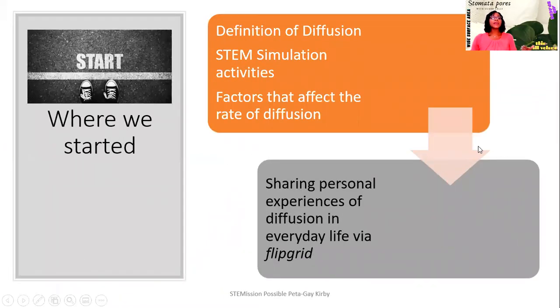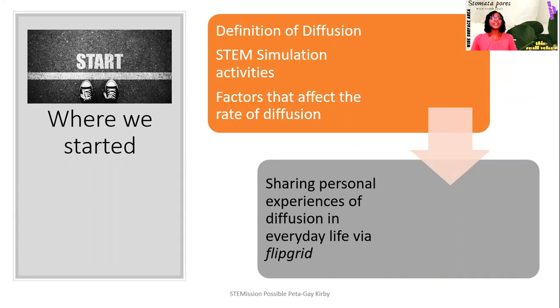Now, where did we start? In order to get to this, we would have looked at a definition of diffusion. We would have seen STEM simulation activities. Check out the PhET website. Factors that affect the rate of diffusion. This was summarized. As you advance in biology, these will be studied in more detail.